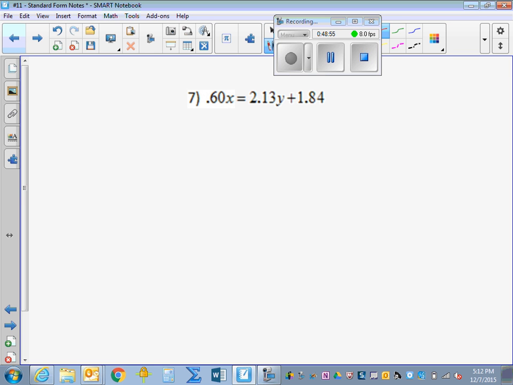For number 7 we have 2 after the decimal, 2 after the decimal, and 2 after the decimal. Think of that as how many zeros to have after 1. Since we have 2 after the decimal, that's the hundredths place, so we want to multiply by 100. If I multiply each side by 100, then it eliminates our decimals for us.